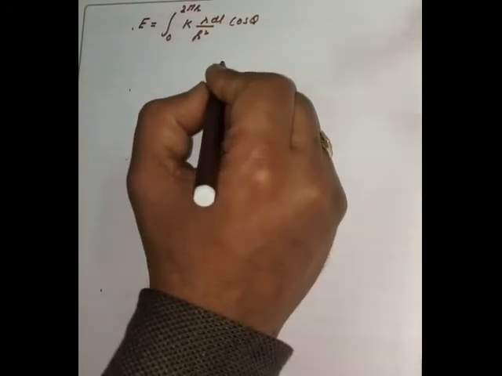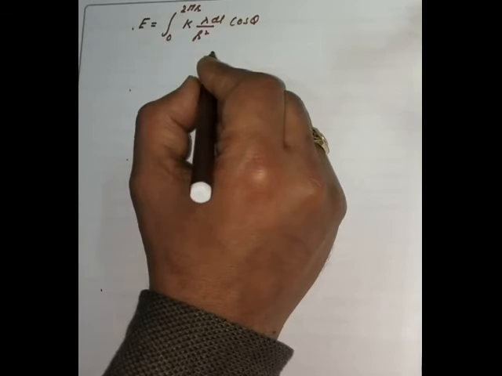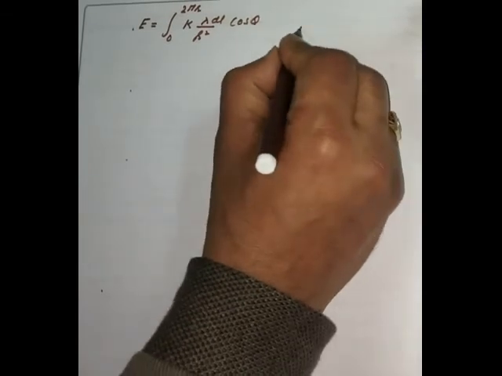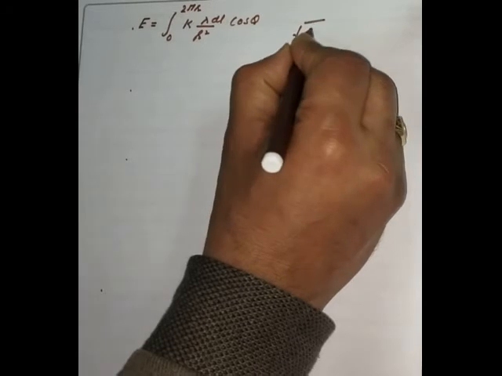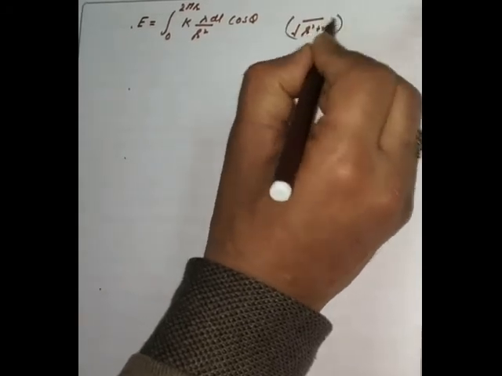The distance between dl length and point P equals under root r square plus x square. You already know about that one.